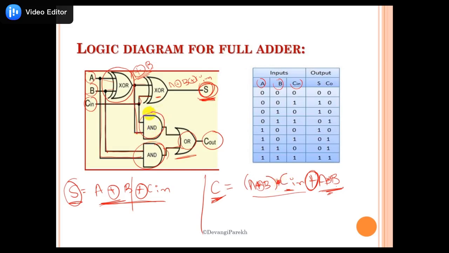So here I have to draw the AND circuit, and C in is remaining. So we have drawn C in into this, and both of these outputs will go as an addition, meaning an OR gate, and it will produce the C out. Likewise, we need to generate the logical diagram for the full adder.